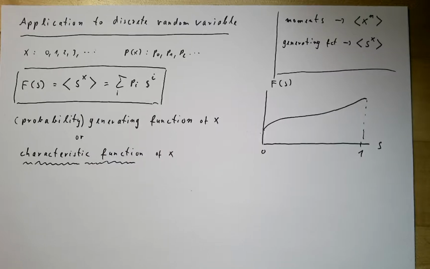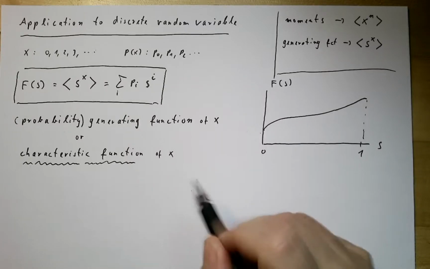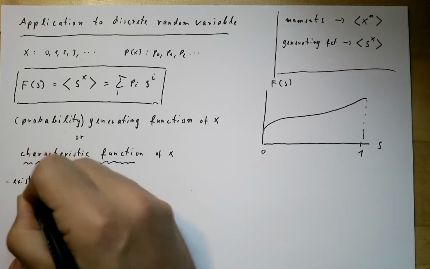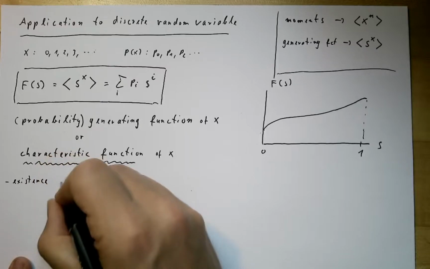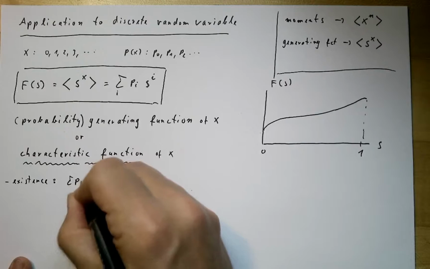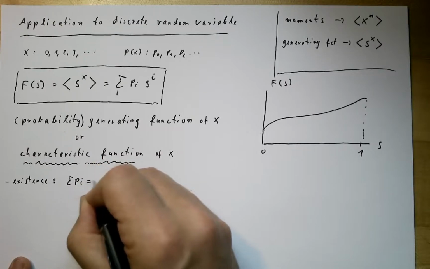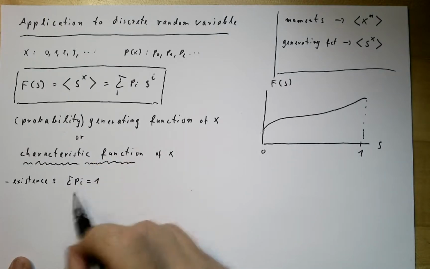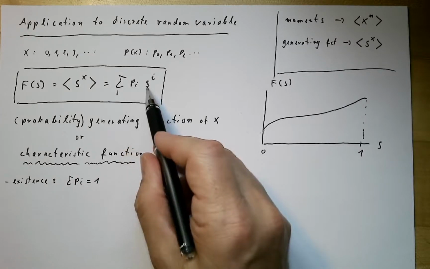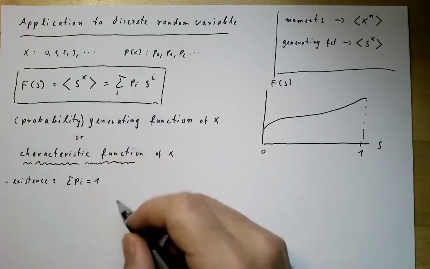Now what are the properties of this function? First, maybe, does it exist? Existence, as before. Since all our p_i, and even the sum of the p_i, is normalized to 1, these p values are small enough, and if the s are small enough, this will always converge.